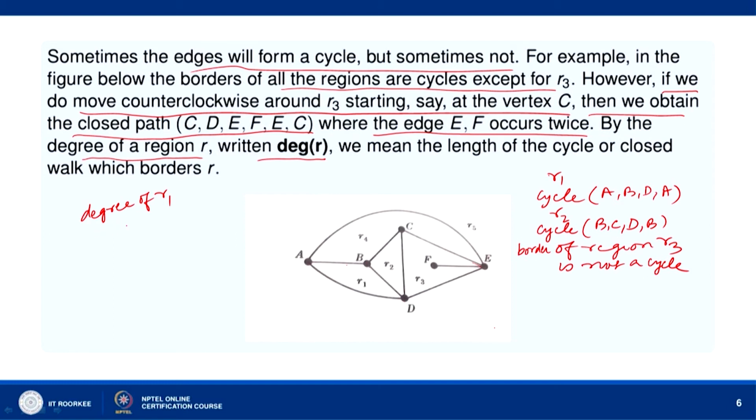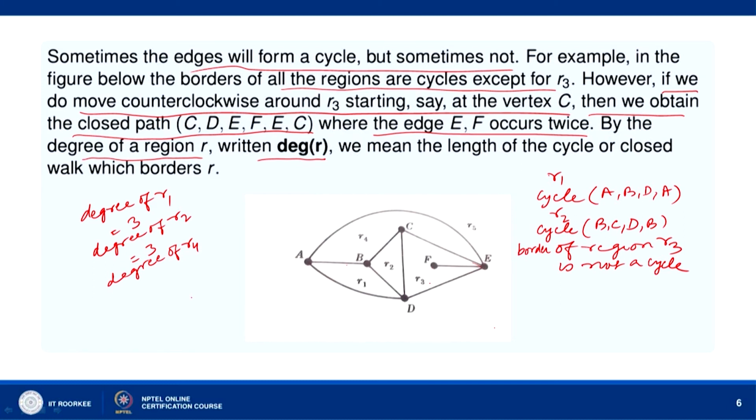The degree of R1 is equal to 3, and the degree of region R2 is also 3, BCD. Now the degree of R4. Here in the case of R3, we have CD, then DE, then EF, then FE, then EC.